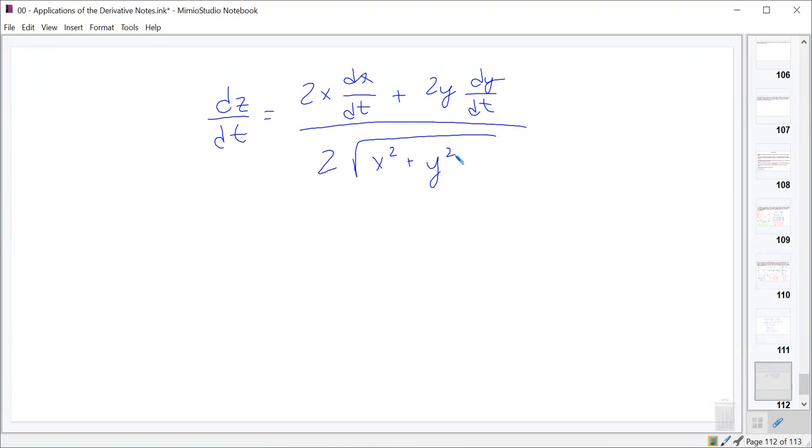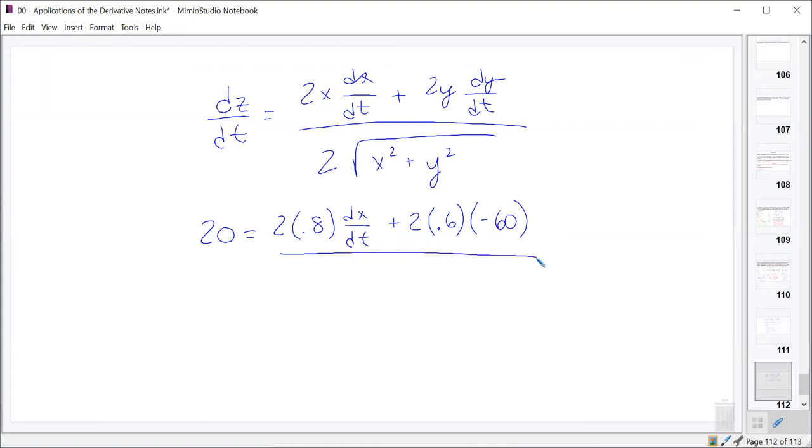And as we do that, dz/dt was given to us as 20. So 20 equals 2 times our x value of 0.8 times dx/dt, the value we're looking for, plus 2 times y, which was 0.6, times dy/dt, which was negative 60, over 2 times root x squared plus y squared.